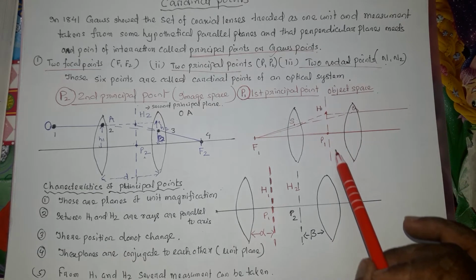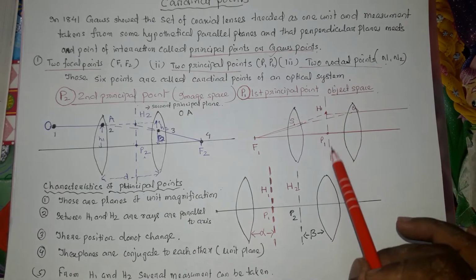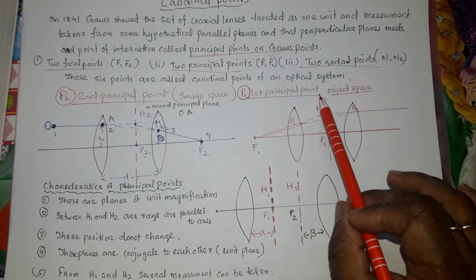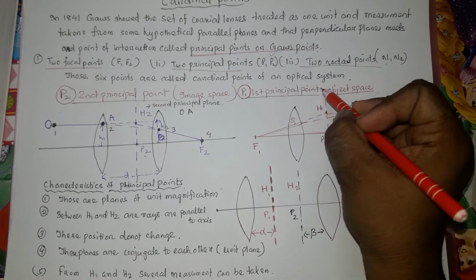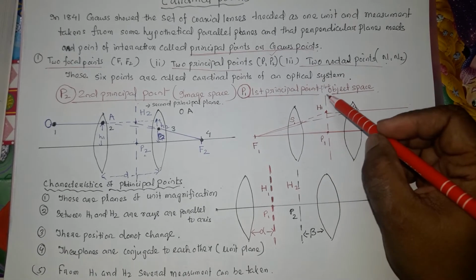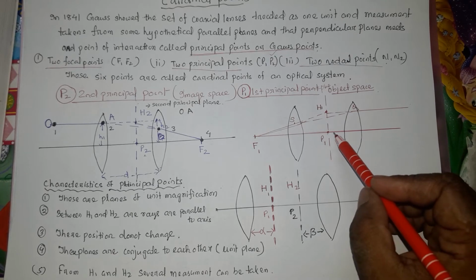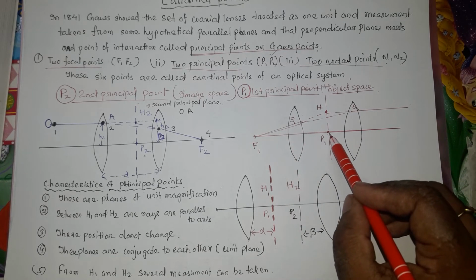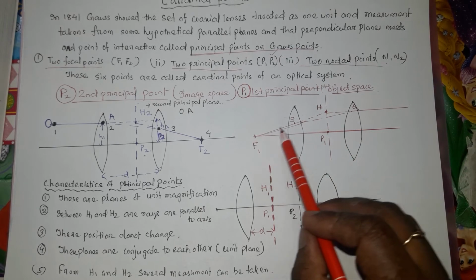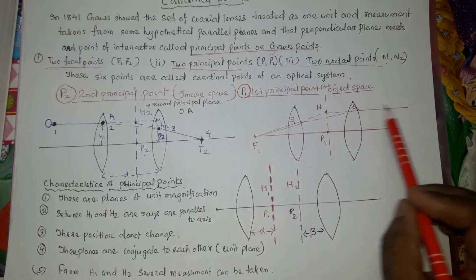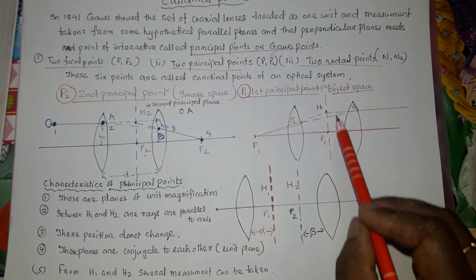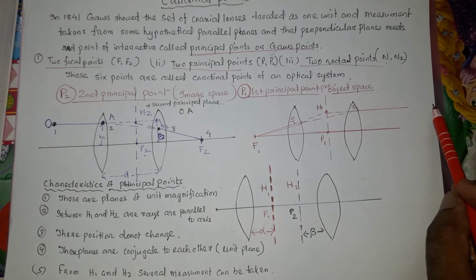That plane is present in the object space, and this imaginary plane is called the first principal plane, and the point where it intersects the principal axis is called the first principal point. So the ray coming from the object, after refraction from an imaginary plane called the first principal plane, appears to diverge to infinity.